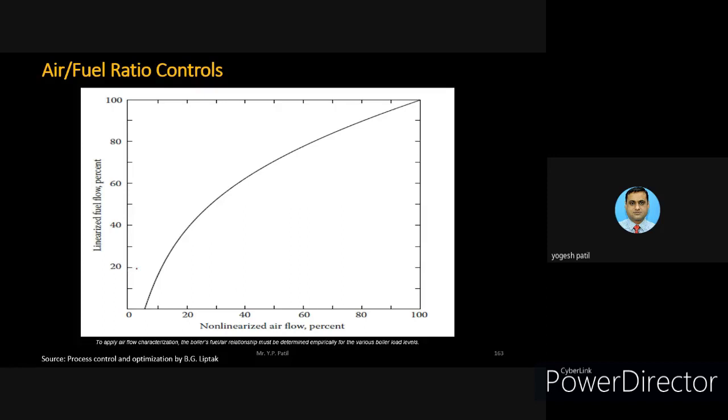So for the required fuel flow of 20%, approximately 10% of airflow is required to maintain the fuel flow of 20%. So this non-linear relationship exists here. You can see it for all types of graph. This type of non-linear relationship exists over here.